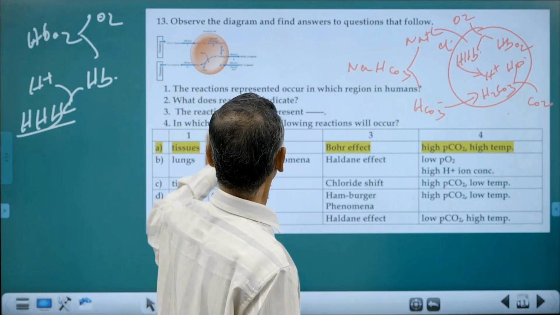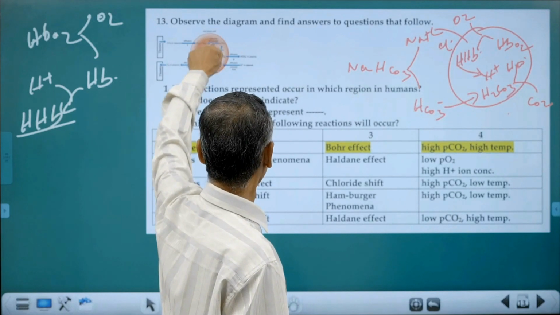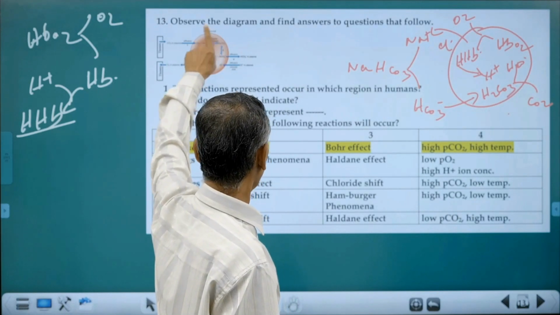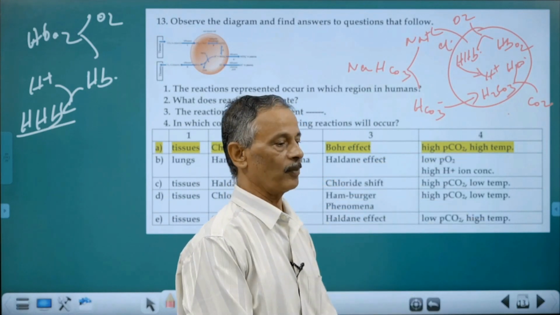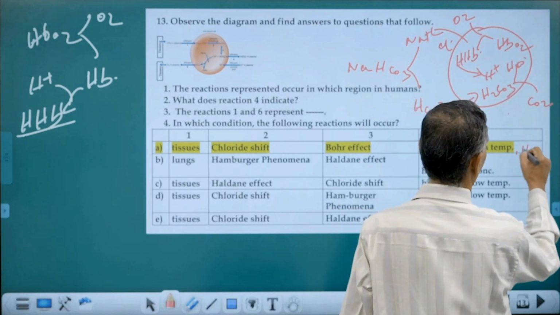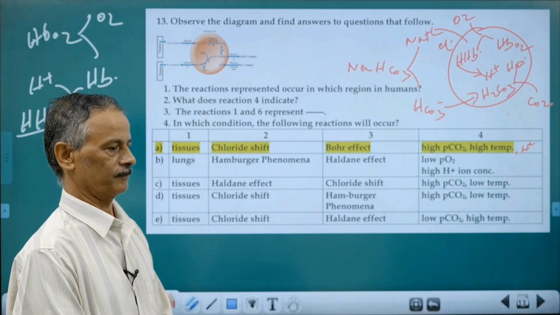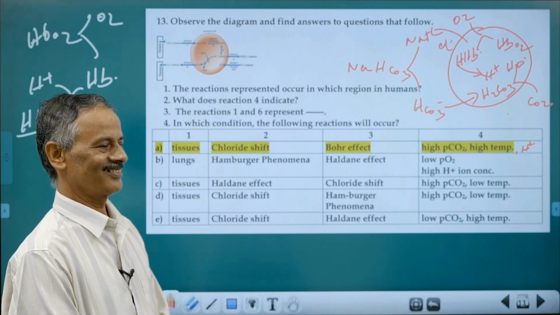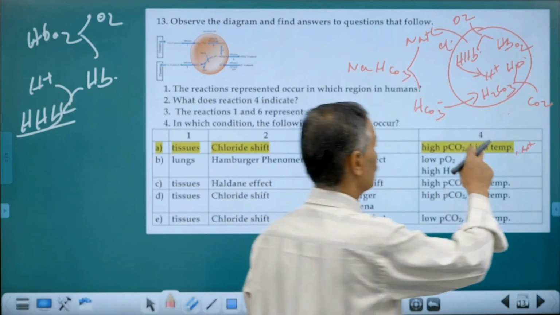Okay. In which condition will the following reaction occur? This is in tissues. In tissues we are having the Bohr effect. What is the reason for the Bohr effect? High partial pressure of carbon dioxide, high temperature, high hydrogen ion concentration. Under these conditions, this will occur. Clear? High hydrogen ion concentration means low pH. Why is the pH low?